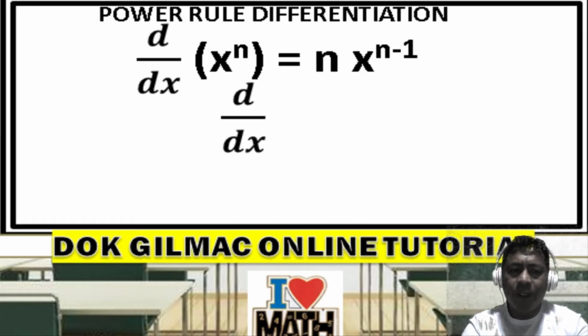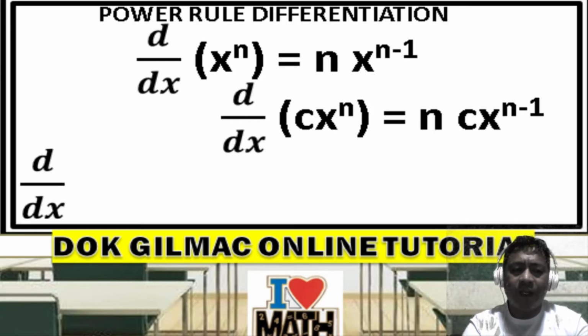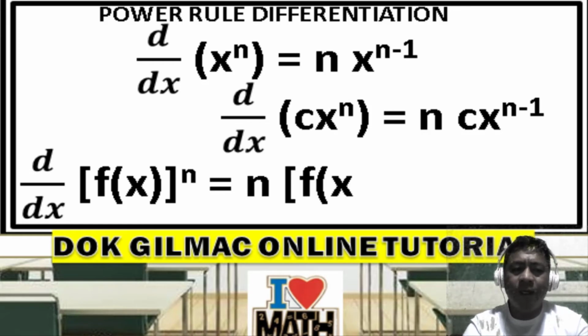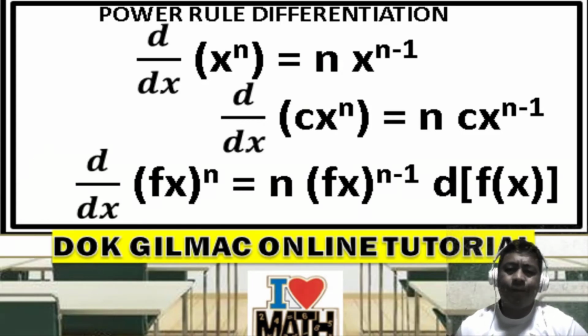Number two, d over dx of the quantity c x raised to n is just equal to n times cx raised to n minus 1. Number three, d over dx of the quantity f of x raised to n is just equal to n times the quantity f of x raised to n minus 1 times the derivative of f of x. So take note of that.